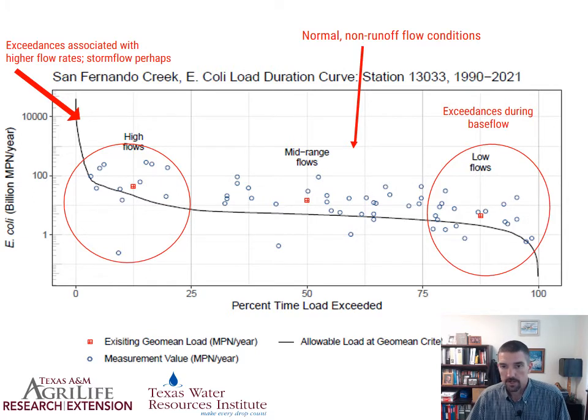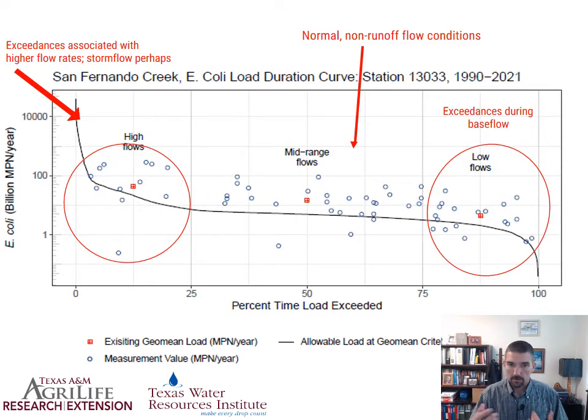And what we do is we take the geometric mean of these E. coli loads within that flow category, and then compute the difference between that average load and the water quality standard. So the average load volume is represented by the little red boxes with the crosshairs in them. So it's essentially what we're looking at from a load reduction perspective is the distance between that box with the crosshair down to the black line.